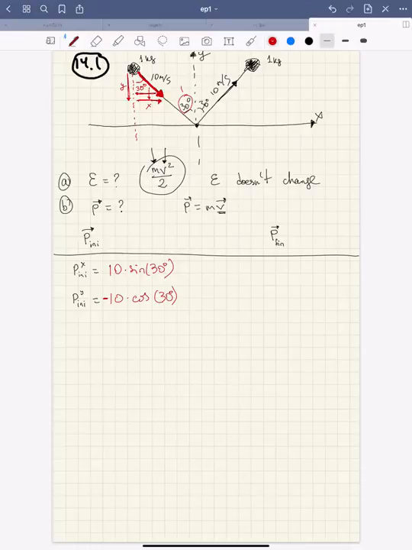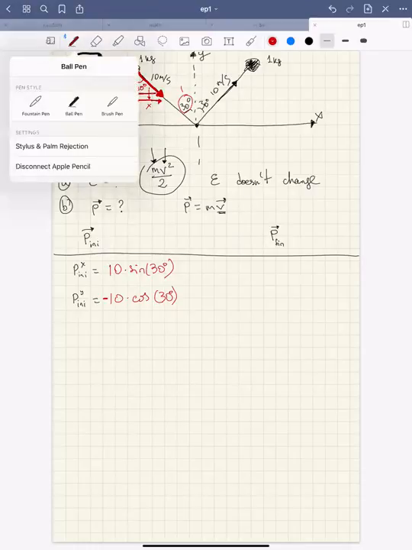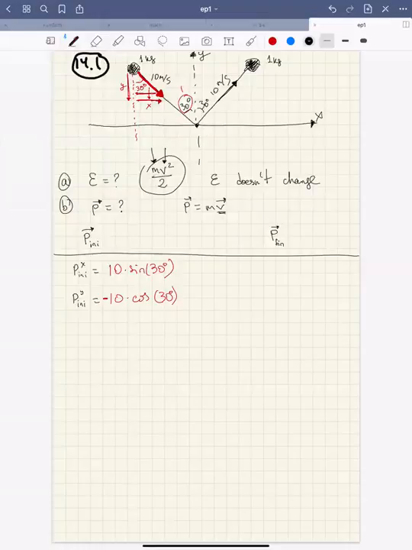Okay, let's do exactly the same thing with the final momentum now. I will have p final x, p final y. I will do my projections. So this is a 30-degree angle. This is my x projection.